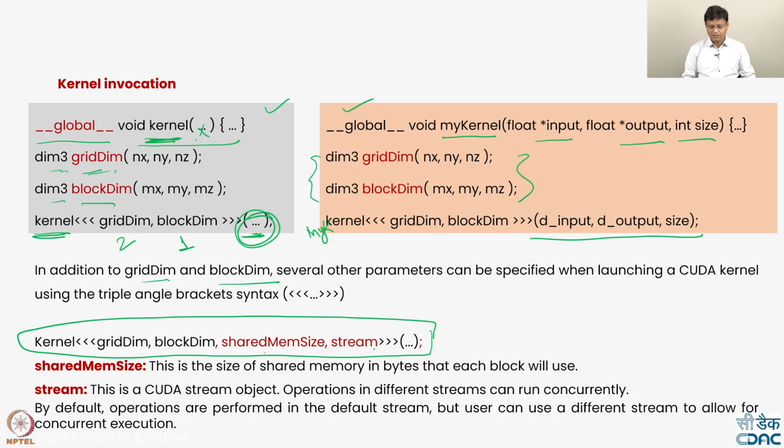Stream I am not considering right now, it is out of scope for this course, but shared memory size you can think of as defining how many bytes should be used within each block when it is launched on an SM.